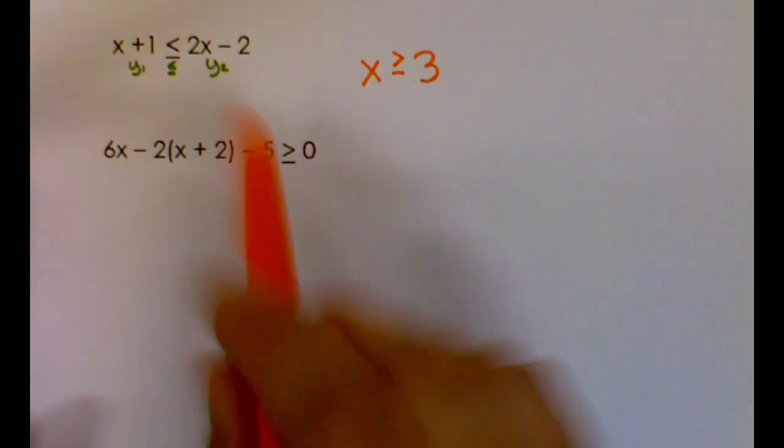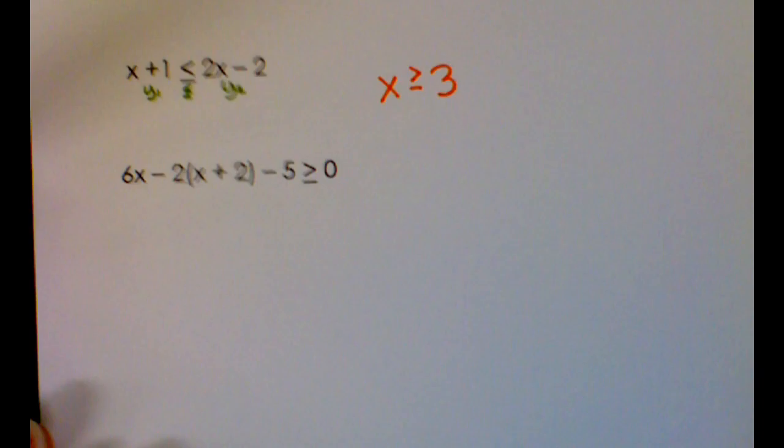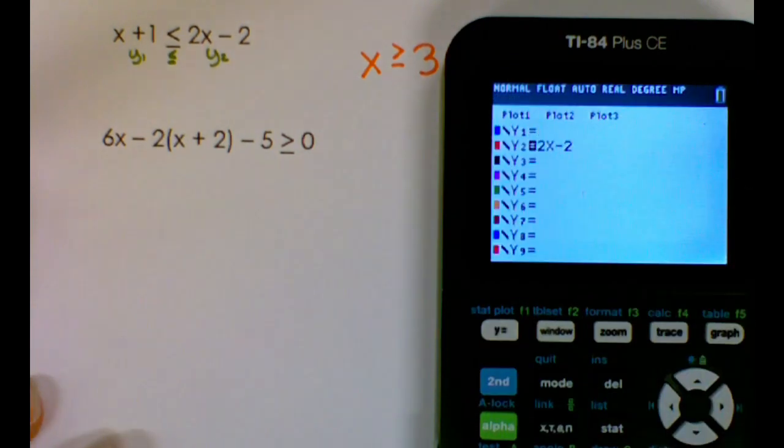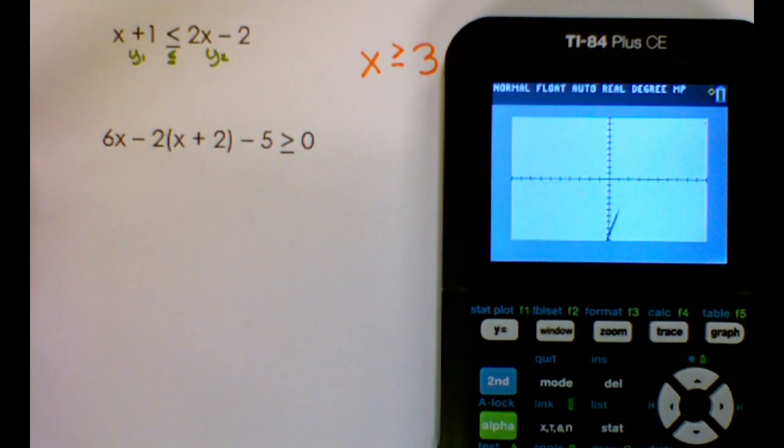The next one, you have a couple options. You could try to simplify some of that stuff first, or you just go to your calculator and you say, all right, first side is 6x minus 2 times x plus 2 minus 5. Second side is 0. Boom, graph. Get that? 0 gave me a red line across the x-axis.